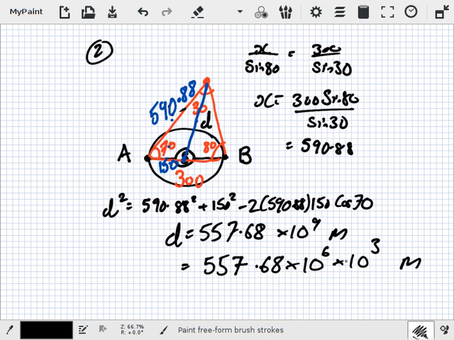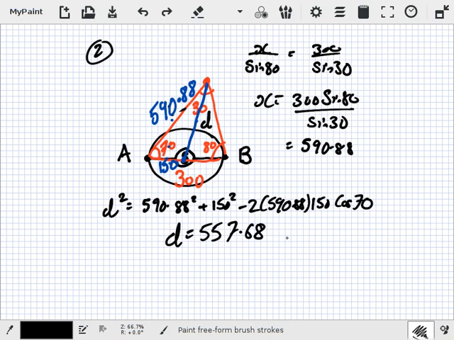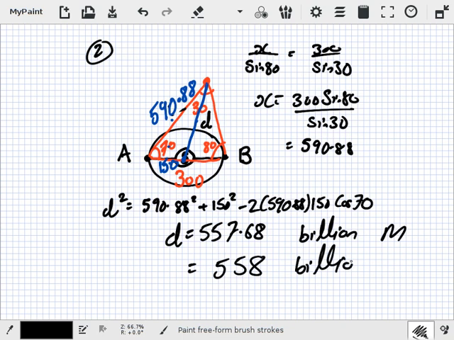I give it as meters. Oh no, I left it as meters. Okay, that's fine. Yeah, so 557.68 billion meters. Now, actually, I should round it off. So yeah, 3 significant figures. So that's 558 billion meters then.